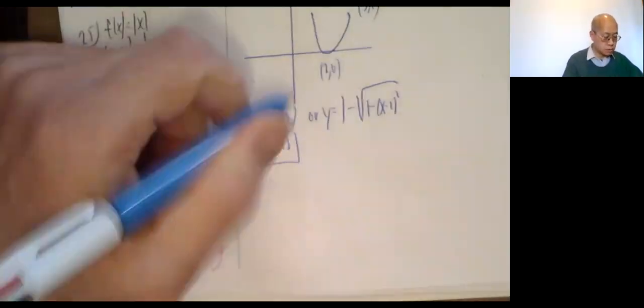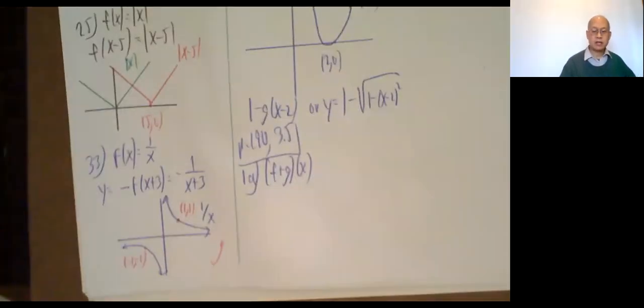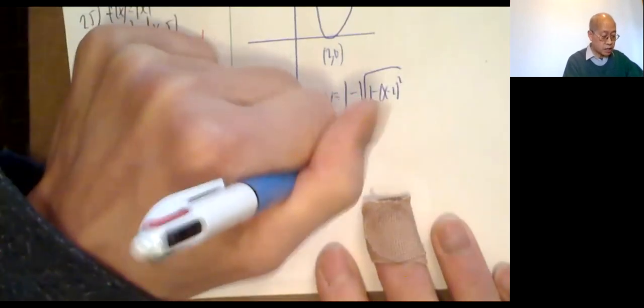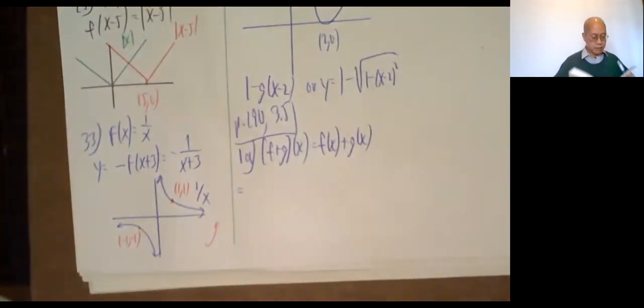So how about I start off with number 1. It asks for F plus G of X. When you write it like that, it just means add them, sort of like a distributive property.